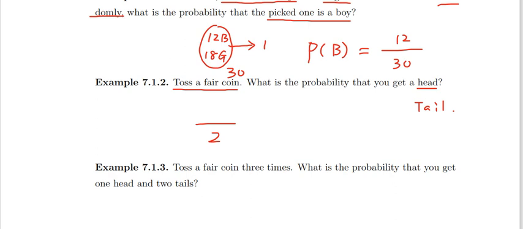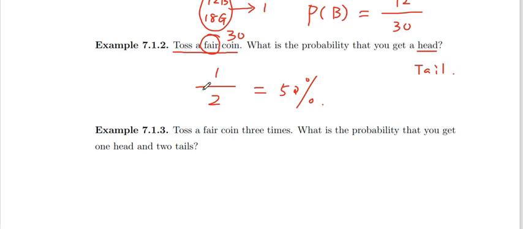So the probability you can get a head is just 1 over 2, or we can change it to a percentage: 50%, or half. The chance to get a head and the chance to get a tail are the same. This is what fair means. A fair coin means both have the same chance.